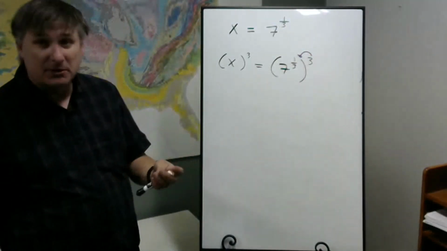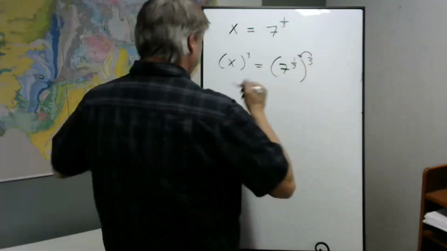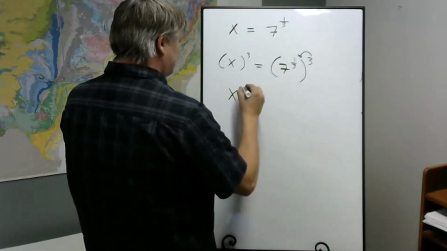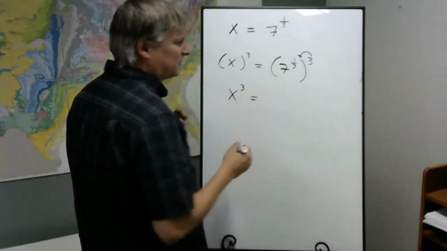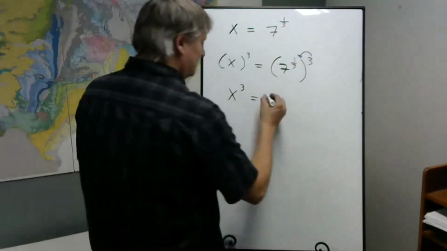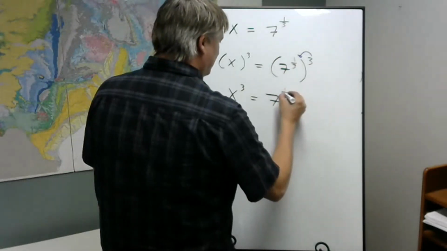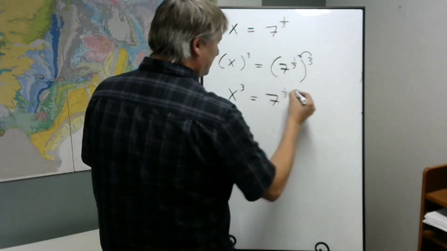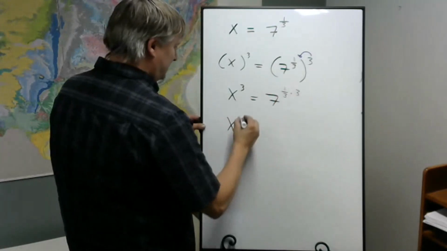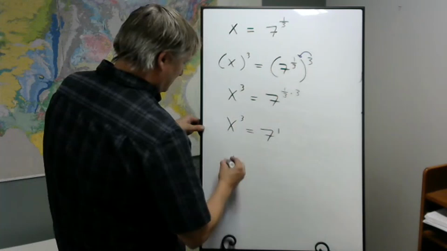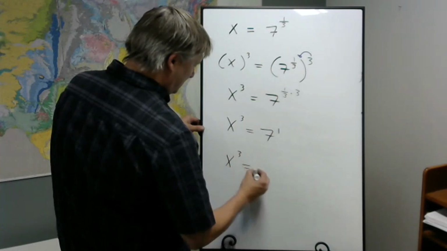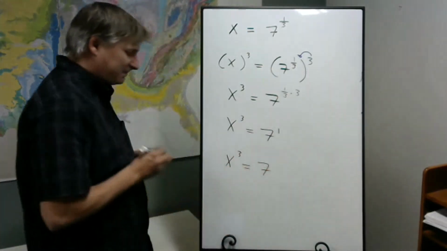So we're going to multiply the 3 into 1/3. Now this will just be x cubed. And 3 times 1/3 is just 1, so x cubed is equal to 7 to the 1, or x cubed is equal to 7.